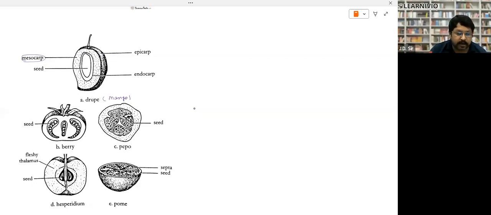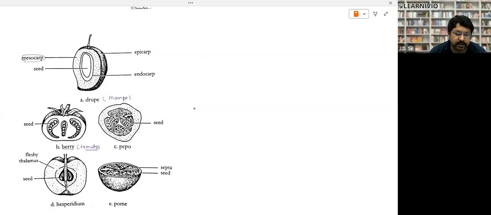I'm underlining those parts. This is a berry. Tomato is a berry. There are multiple seeds inside it. So what you eat is the mesocarp, and you eat the seeds as well.